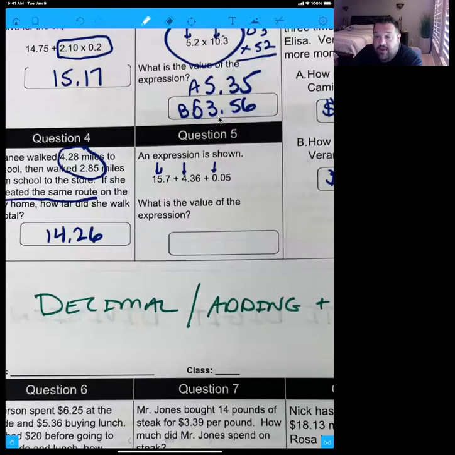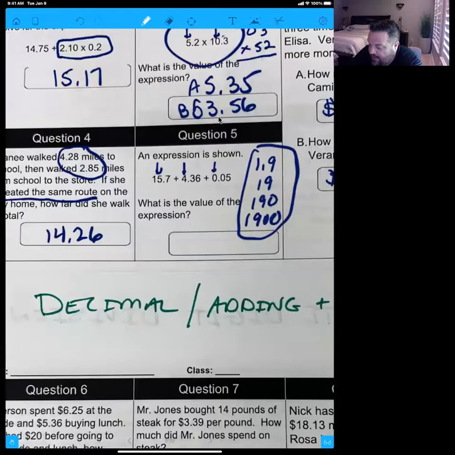Every test question I've ever seen for this has the choices as 1.9, 19, 190, 1,900. Like, I bet my life those will be the choices. So if you just look at it and go 15 plus 4 is 19 plus 0 is around 19, you'll easily get this.